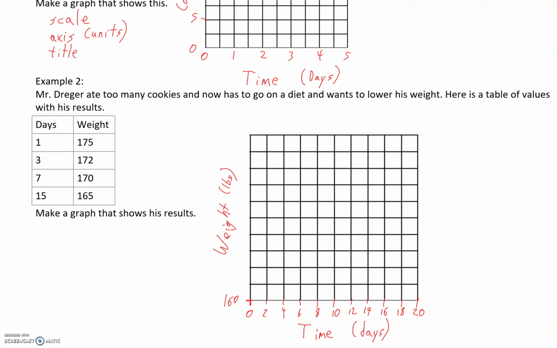So this will be 160 and probably 180 up here. Okay, yeah. So this is going to be nice. 170 here. Okay, so then right in the middle here is going to be 165. And right in the middle here will be 175. Okay, yeah, that works out pretty well. And so that would mean this is a graph of weight versus time.